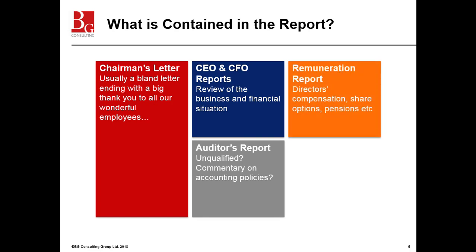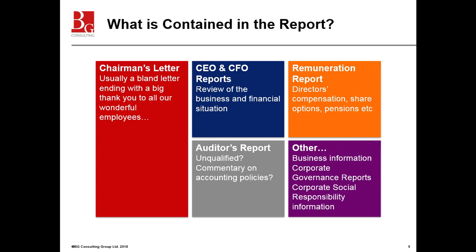You'll see a remuneration report which has all the detail of the director's pay, how much money they received, what share options they have or have been granted, and perhaps information on their pensions. And finally, other business information, reports on corporate governance, corporate social responsibility.